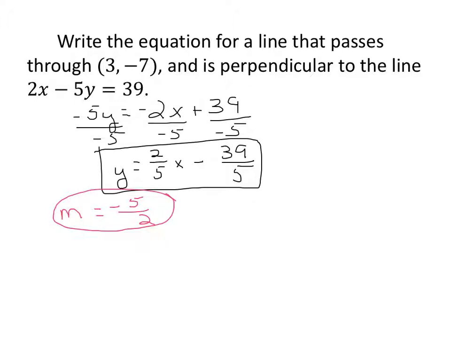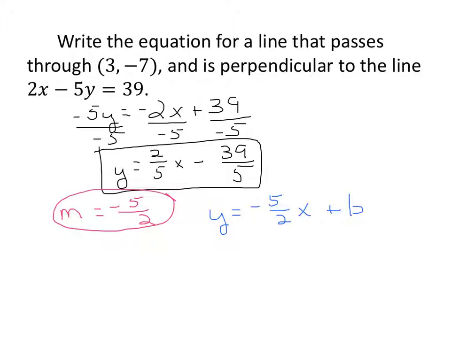So now let's write our new line. We're going to write y equals mx plus b. And this new line is perpendicular to the line we started with because it has the negative reciprocal of a slope.